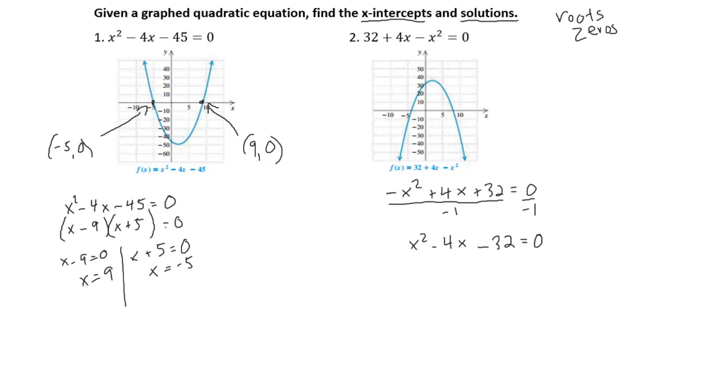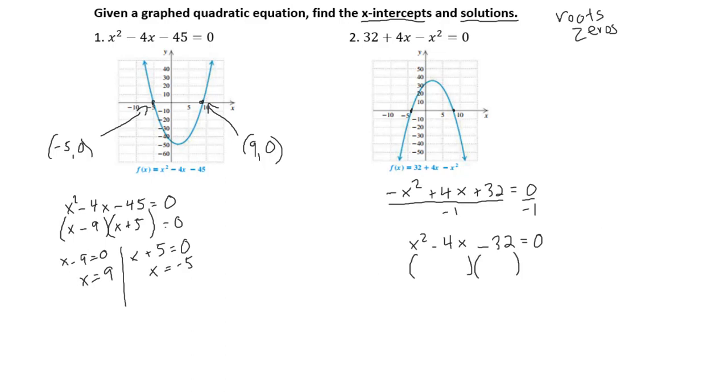Now when we were factoring in previous ones, we'd have to pull that negative 1 out, but since we're solving, we can just divide that negative 1 out. So now I need two numbers that multiply to give me negative 32 and add to give me negative 4, and it looks like that's a negative 8 and a positive 4.